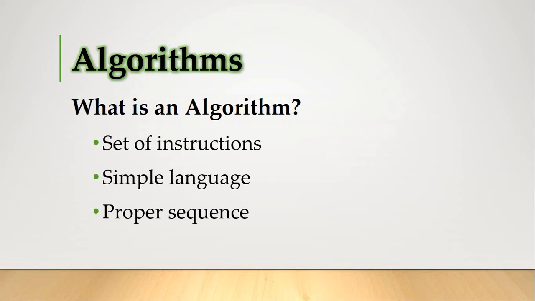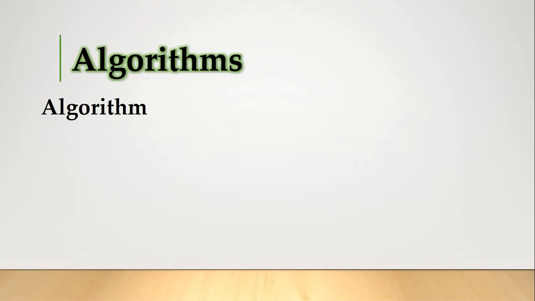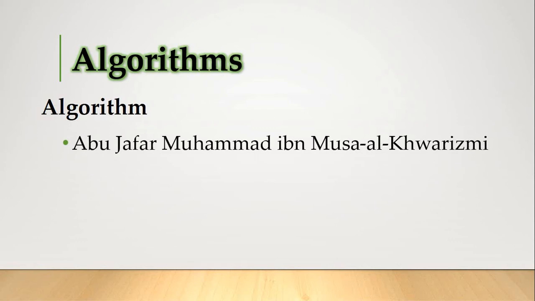Next, how was the algorithm introduced? The word algorithm is derived from a name, Abu Ja'far Muhammad ibn Musa al-Khwarizmi. I repeat the name, Abu Ja'far Muhammad ibn Musa al-Khwarizmi.